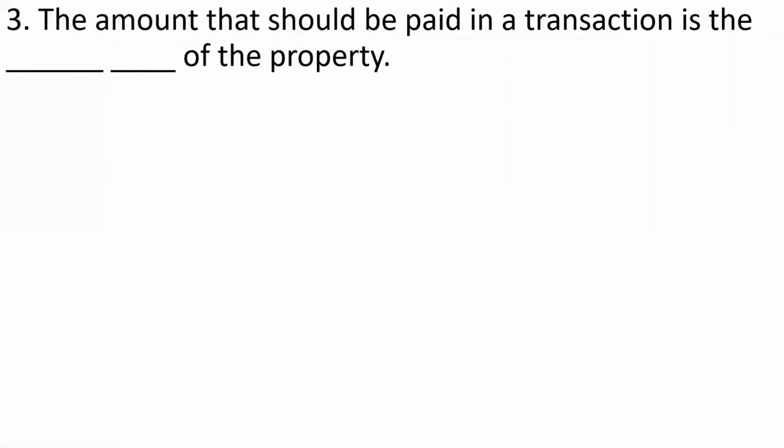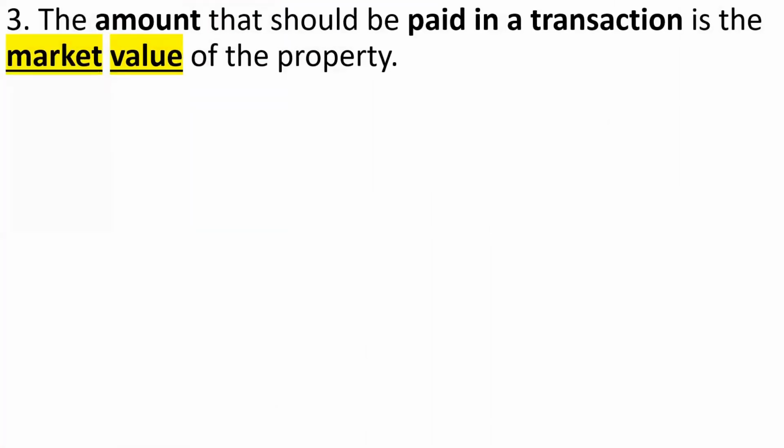Number three, the amount that should be paid in a transaction is the blank of the property. Simply put, the amount that is paid in a transaction is typically the market value. That is why a bank would have you do an appraisal to determine the market value of the property.